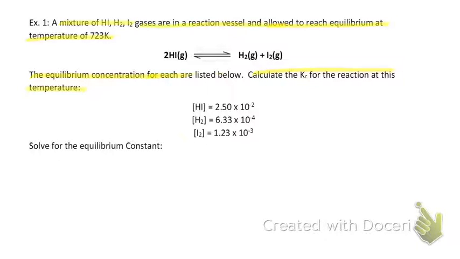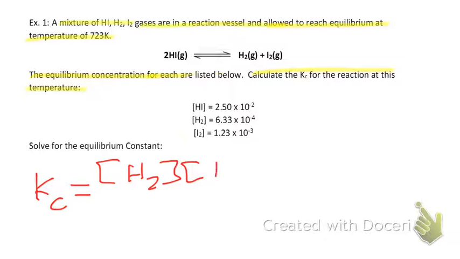All right. So, to do that, I need to write out my equilibrium expression for this reaction. And that's really the first thing you should always do when solving an equilibrium problem: write out the equilibrium expression. So Kc is equal to, remember, the concentration of the products over the concentration of the reactant.